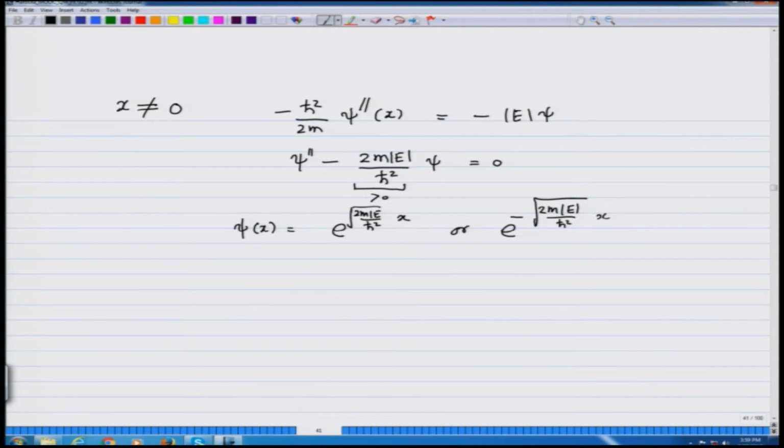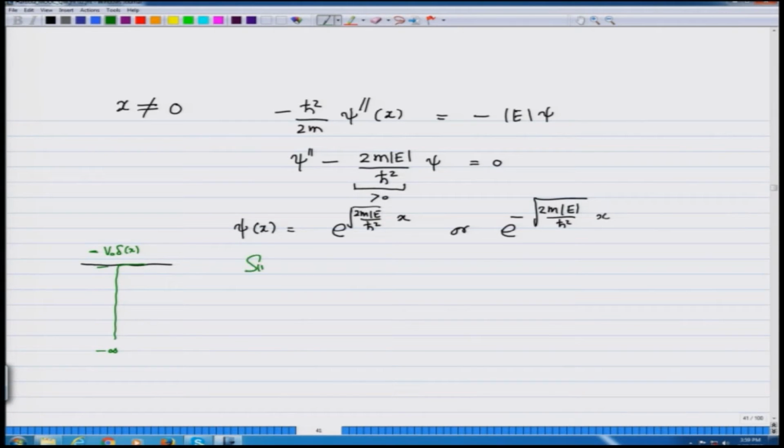That is the solution. Since this is a bound state, let me make the potential again, so that it is in our mind what we are solving for. The potential is right here, very deep, minus infinity. This is V naught delta x and 0 everywhere else.